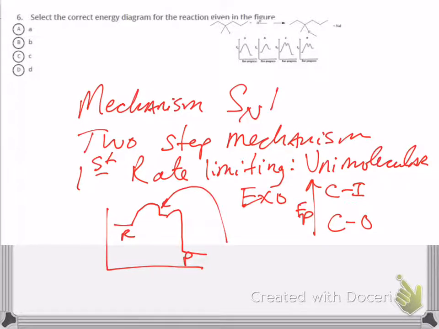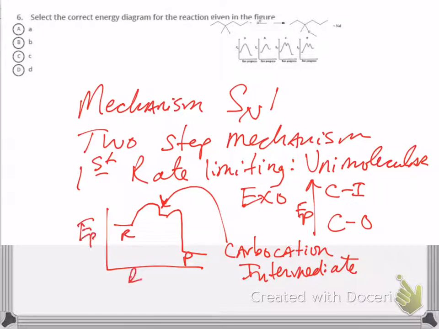Since there are 2 steps, there's going to be a carbocation intermediate there. And we expect that overall to be exothermic with the activation energy the highest for the first step. And we would pick C.